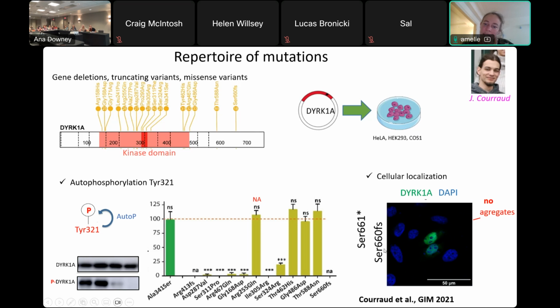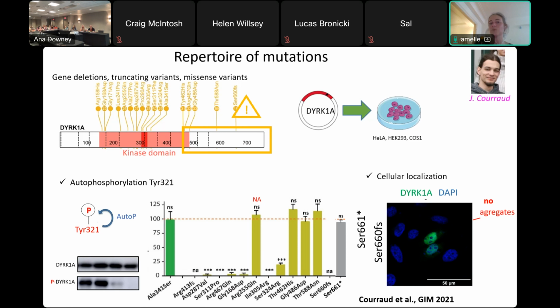It means that if you identify a variant in this region, it's really difficult to directly conclude that it's pathogenic and involved in DYRK1A syndrome. So we need to be really, really careful when we have variants outside of the kinase domain, and we need to perform functional analysis to be really sure that they are causing DYRK1A syndrome.